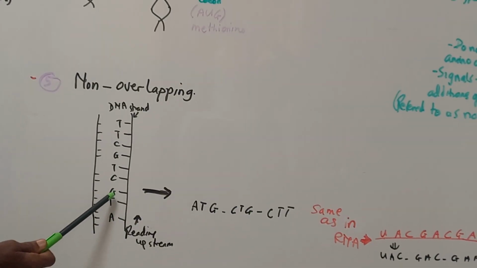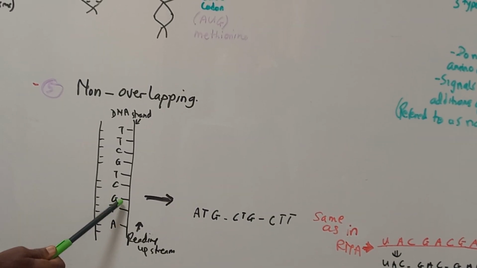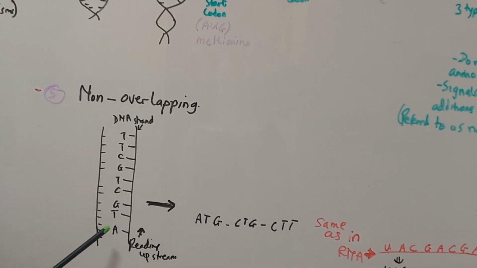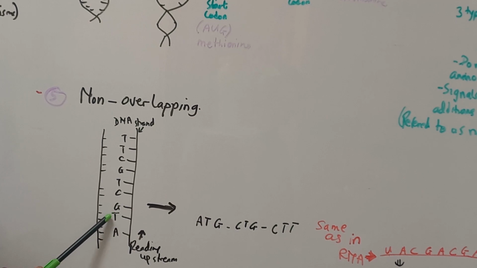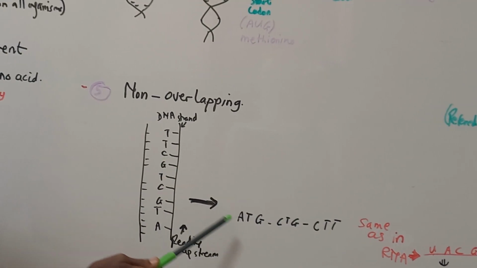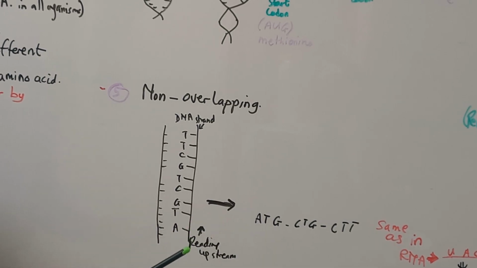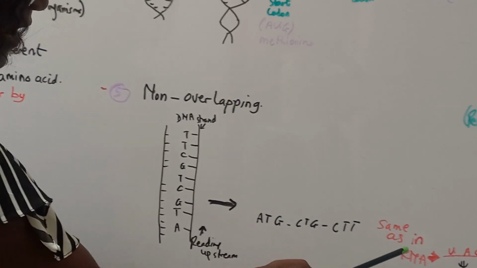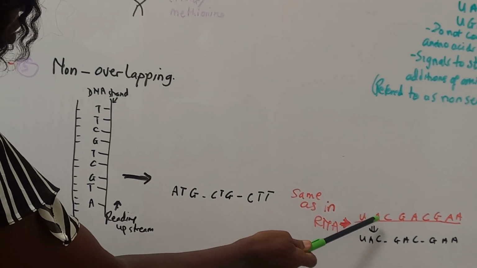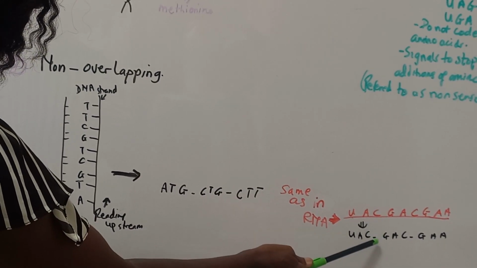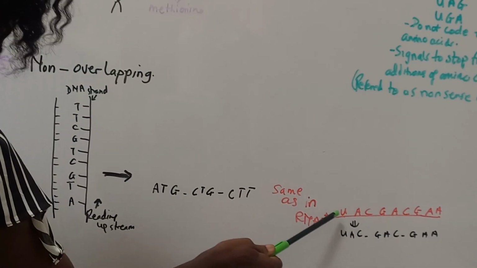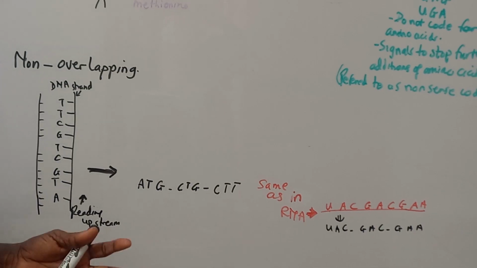It's not ATG and then TGC and then GC. No, just straight ATG, CTG, non-overlapping. The same thing happens in RNAs. In messenger RNA, for instance, you have UAC, that's one codon, GAC. So the genetic code is non-overlapping.